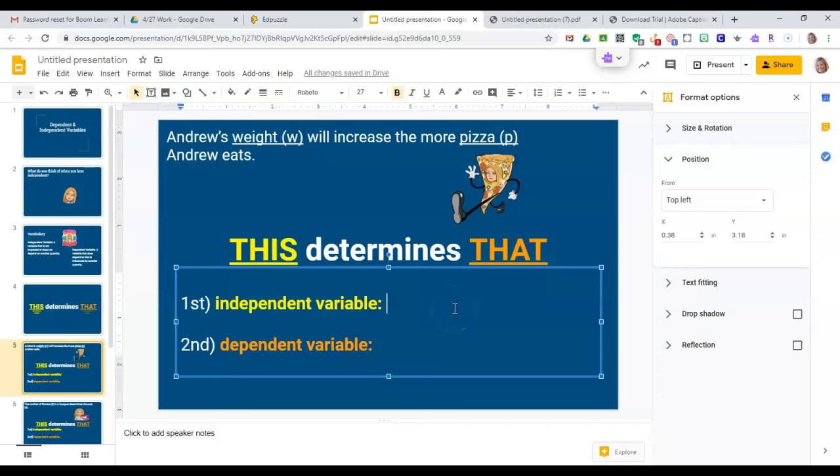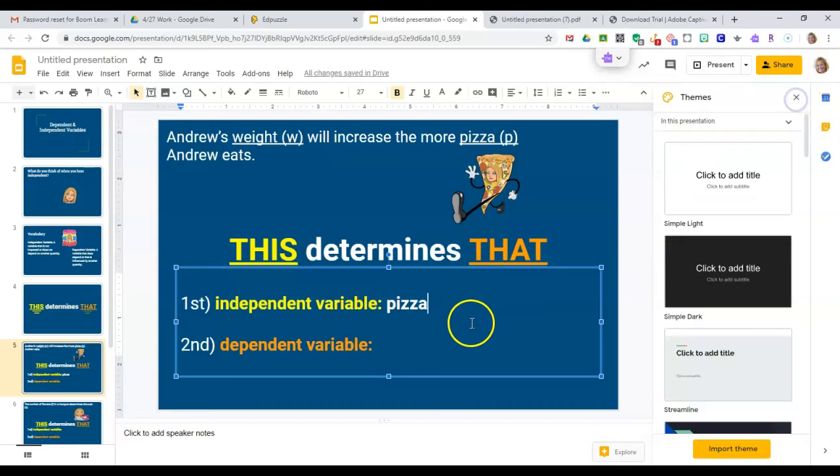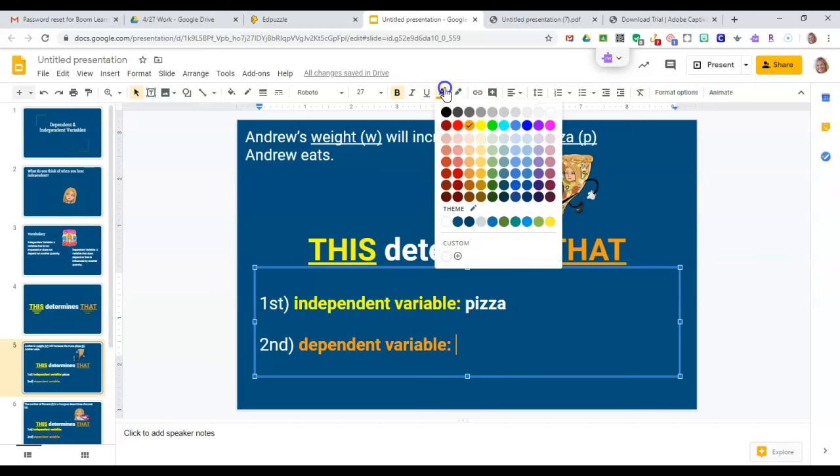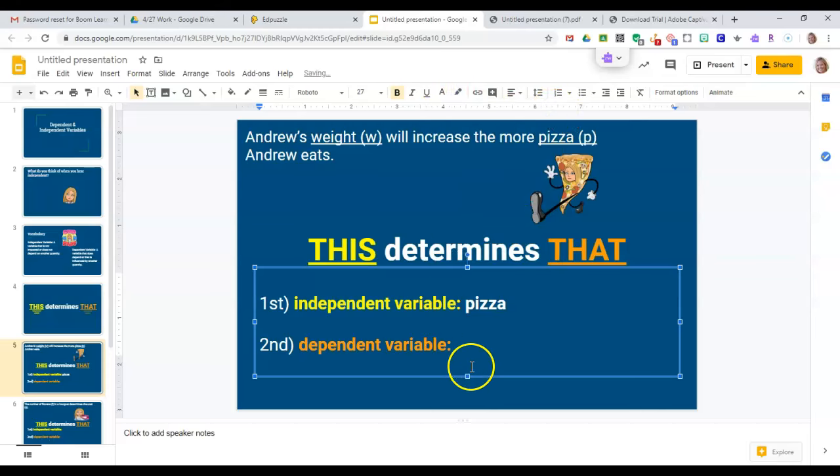and my independent variable will be the pizza because it does not depend on anything else. It doesn't change his weight. The weight doesn't determine how much pizza he's going to eat. So then my dependent is going to be the weight.